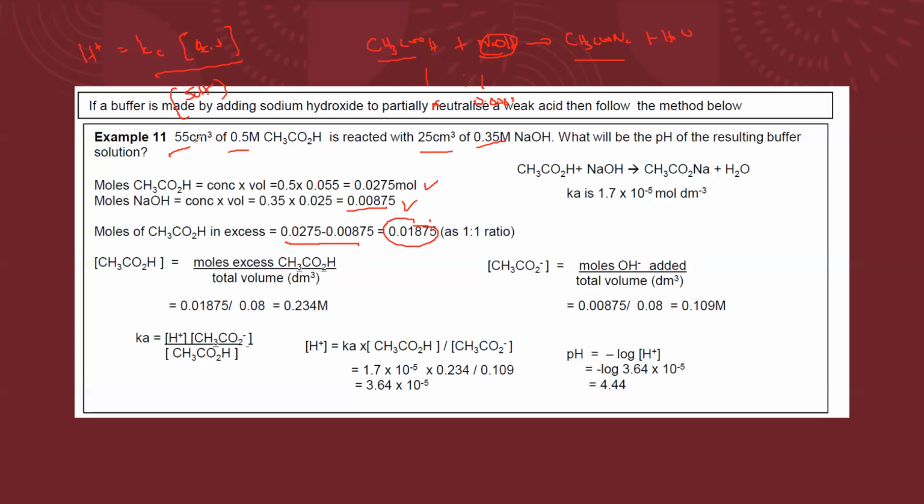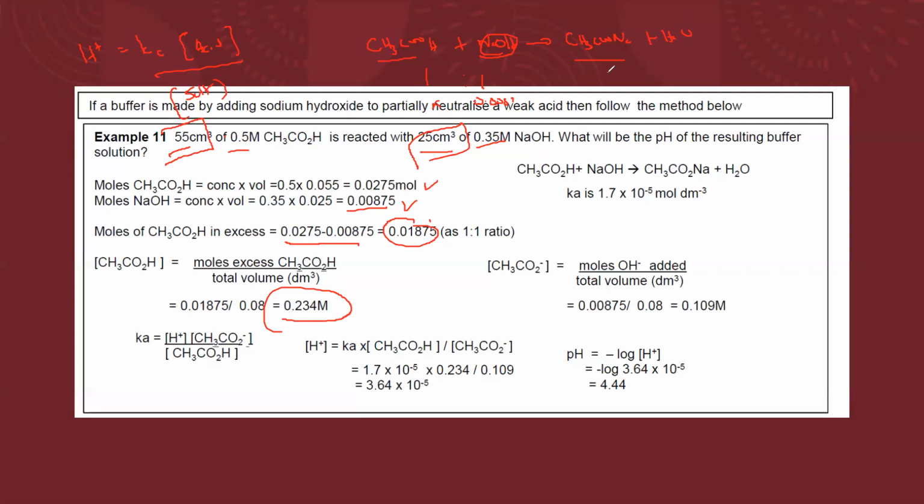What is the volume? Because you mix 55 cm cube of acid with 25 cm cube of alkali, the total volume is equal to 80 cm cube, which is 0.08 dm cube. So this is the new concentration of ethanoic acid, because unreacted moles of ethanoic acid are there, and that changes the concentration of ethanoic acid in the solution. And what about the concentration of the salt?